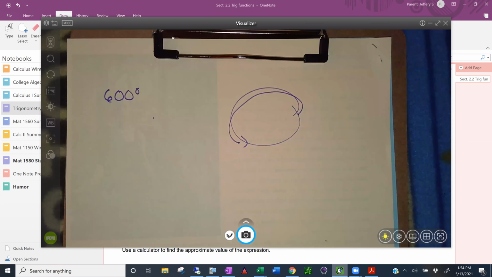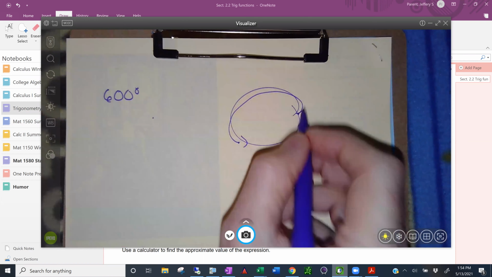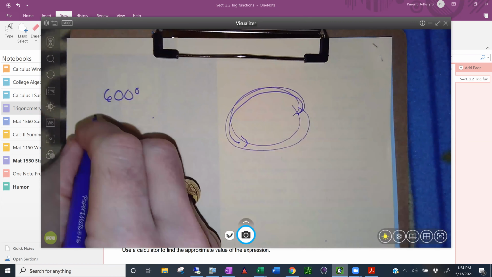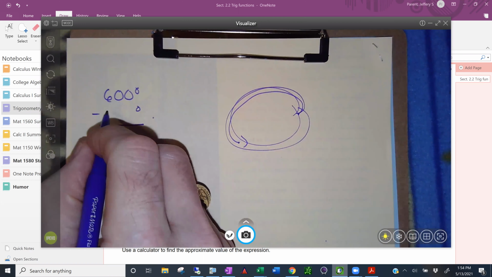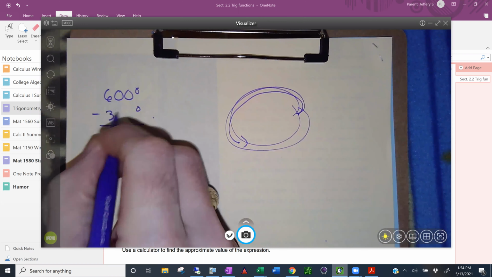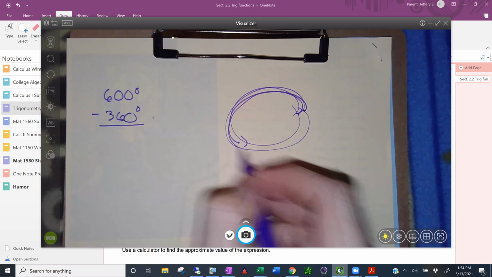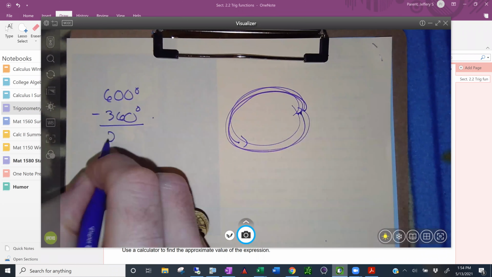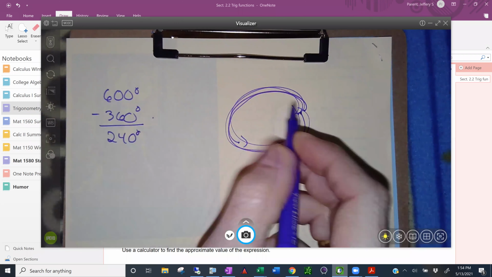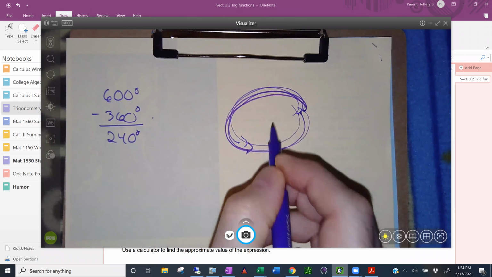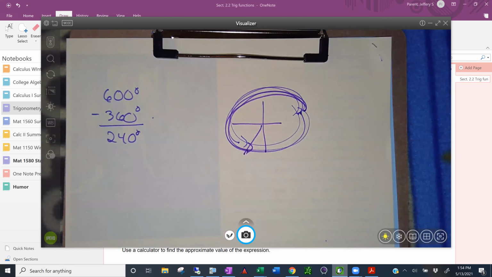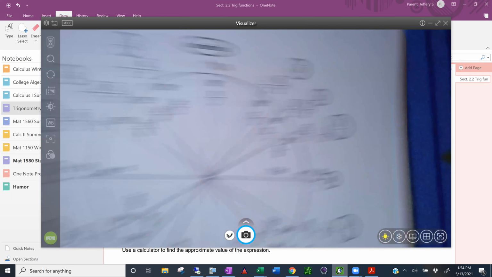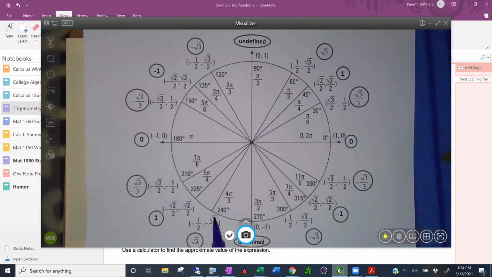Well, one thing I can do is realize that once around the unit circle in degrees is how many degrees? 360. So if I go once around the unit circle, that's 360. And then I've got to go another 240 degrees to get to the terminal side of that angle. So it's a coterminal angle with this right here.